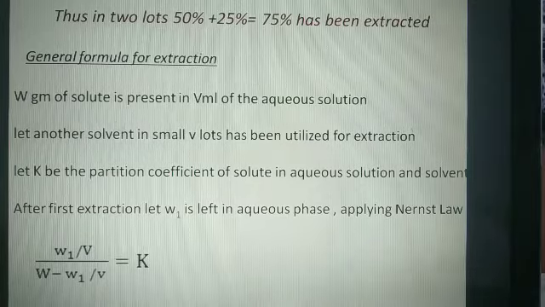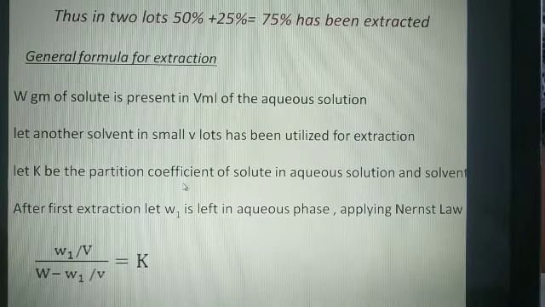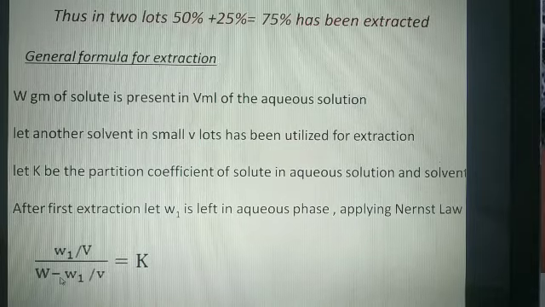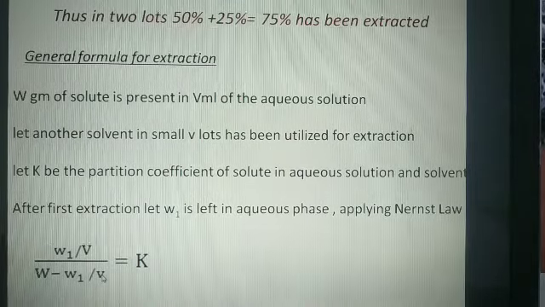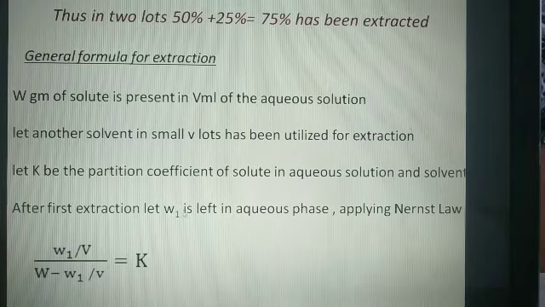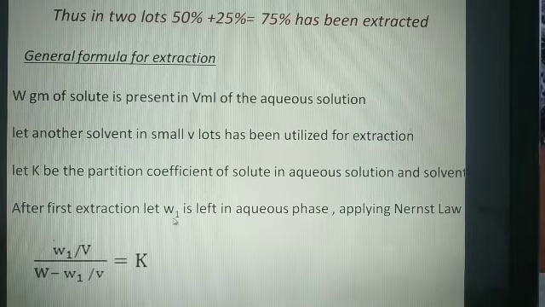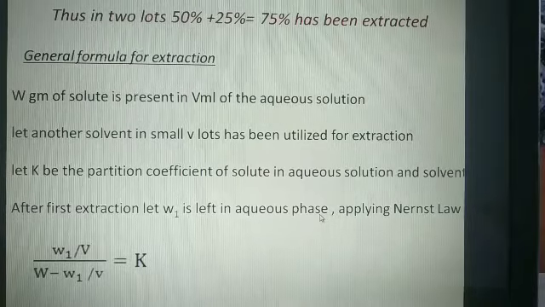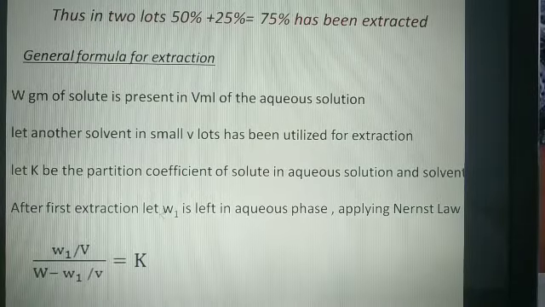So you have to define that K is the partition coefficient, equal to concentration in water over concentration in ether or extracting solvent. Now I make a supposition here that W1 will be left in the aqueous phase after the first extraction.